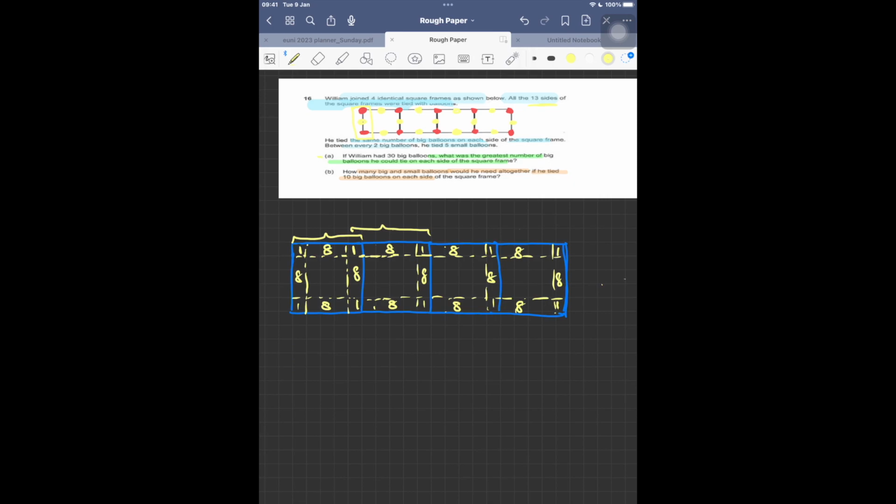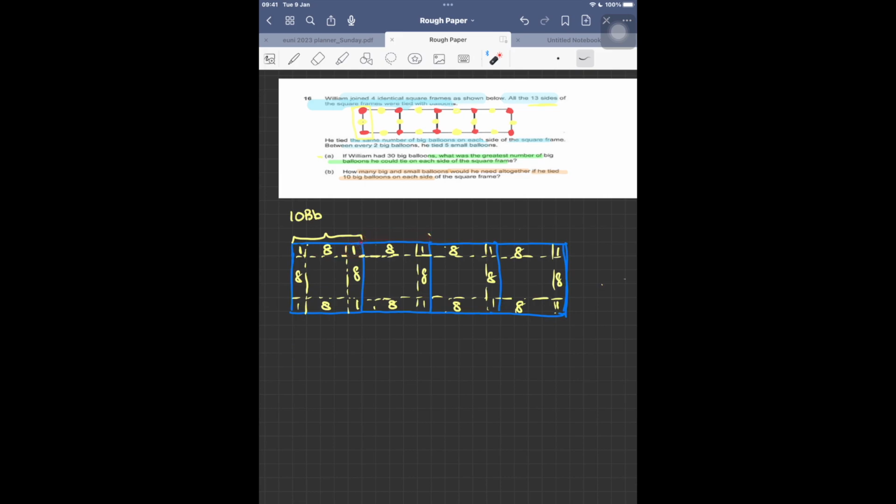Okay, so let's now first see how many big balloons there will be for each side. Here I have 10 big balloons. What about this side here? I have 9 big balloons because I cannot count this big balloon.